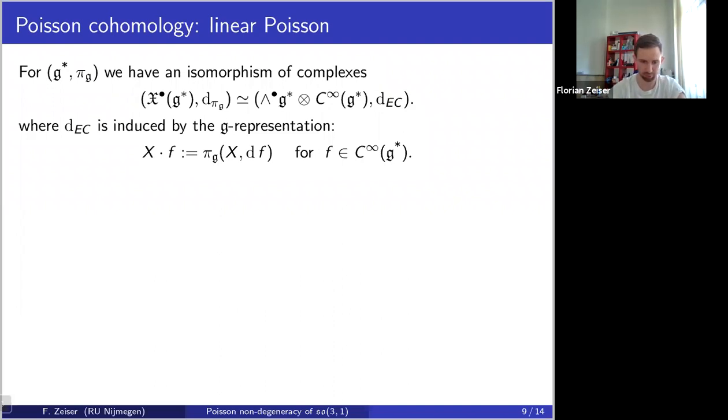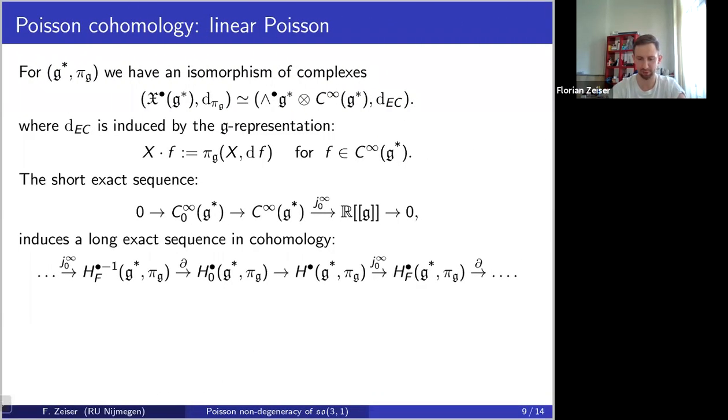Now, what is important for us is that smooth functions can be fit into a short exact sequence. Here on the left-hand side of this short exact sequence, we have the smooth functions which vanish flatly at the origin. So these are functions where all the Taylor polynomials are 0 at 0.